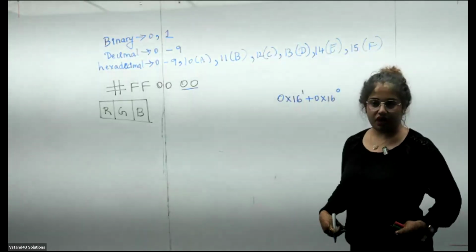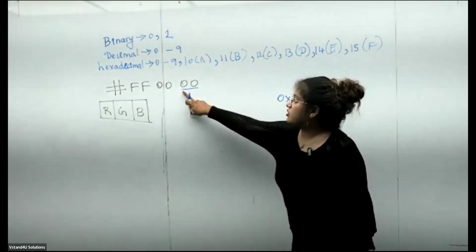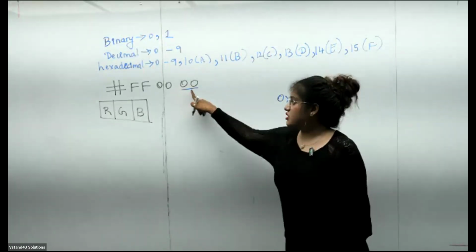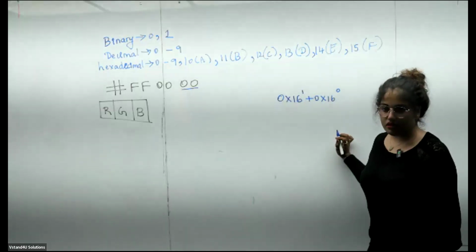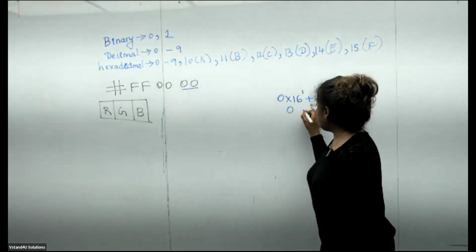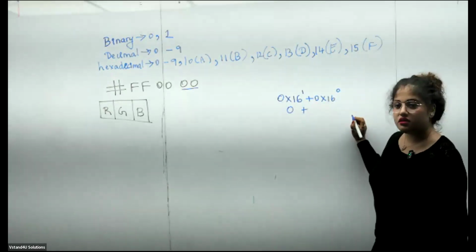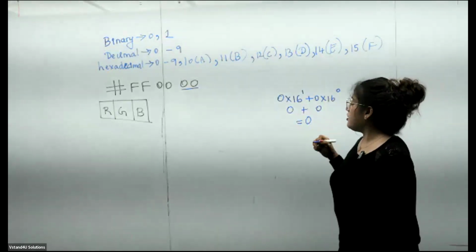I will group two numbers. You have 0 and 0. 0 into 16 to the power of 1 is 0. 0 into 16 to the power of 0 is 0. 0 plus 0 is 0.